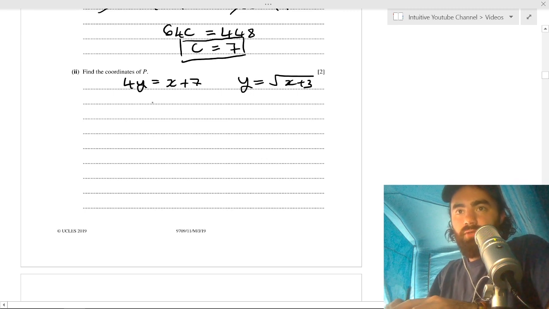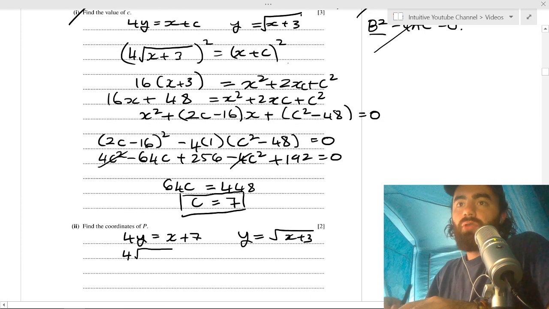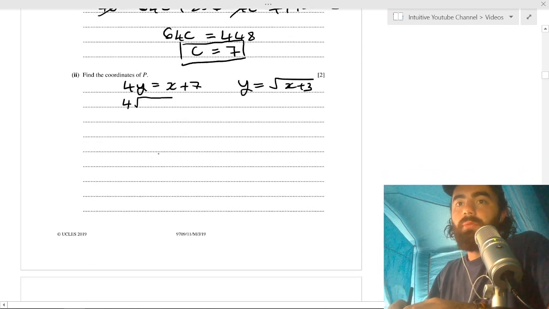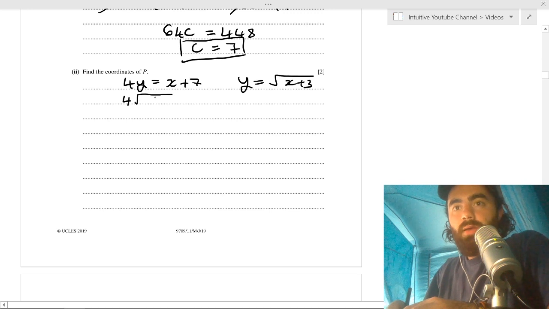Let's substitute this into here, and we get 4 times the square root of x plus 3 equals x plus 7. You could be clever and just put your c value in here, but we'll take it from the top. So we're substituting this into here, so this is not that, what am I doing?